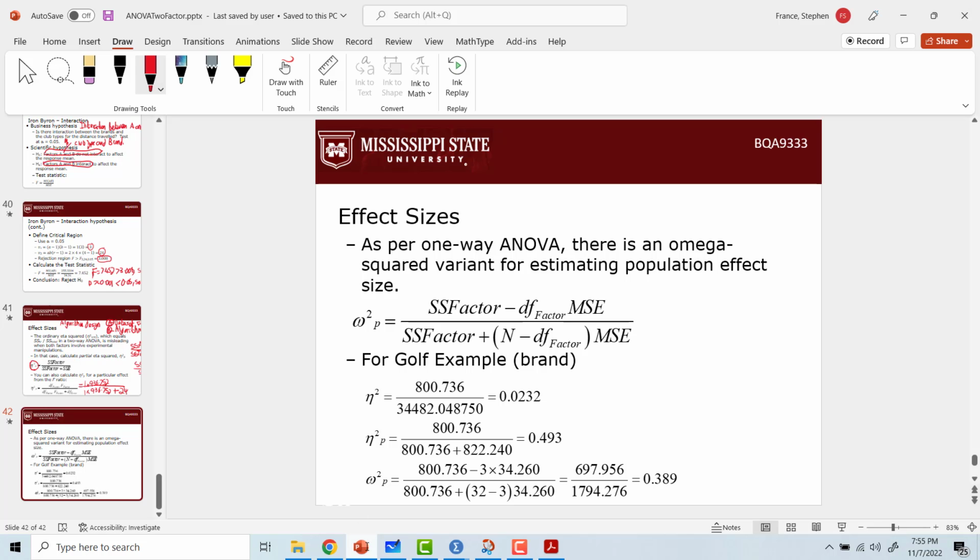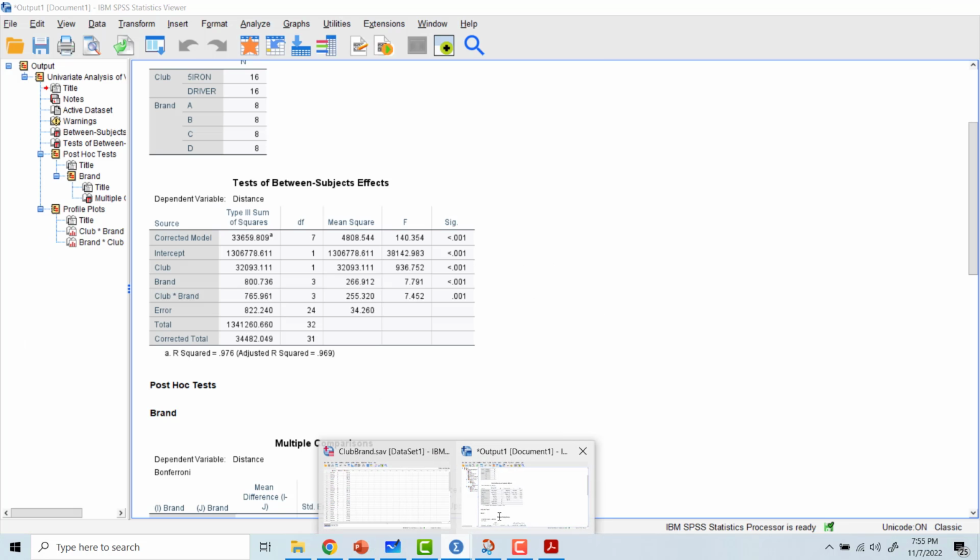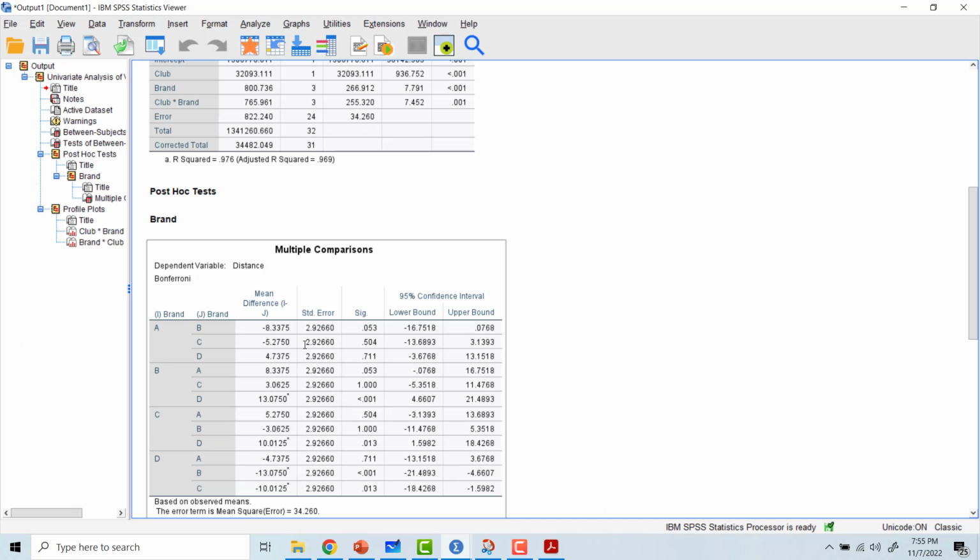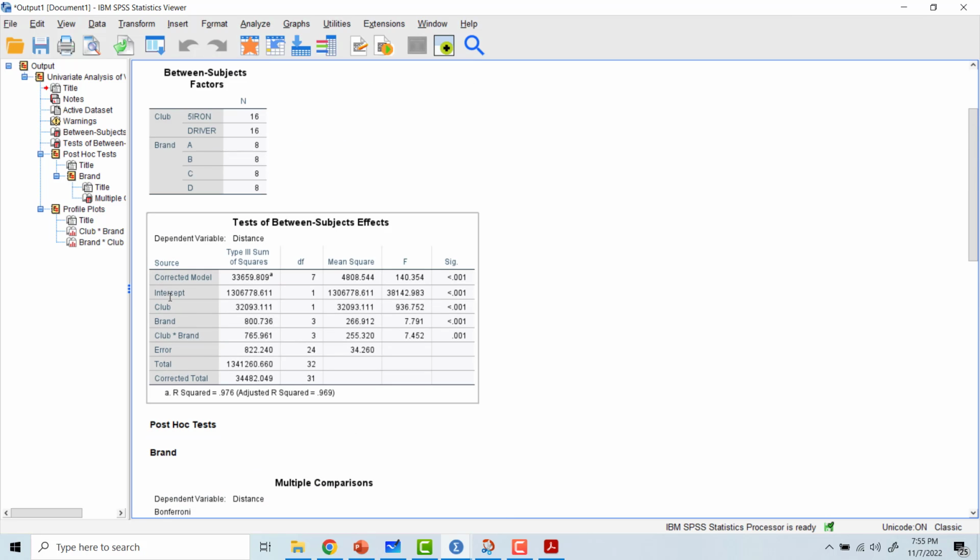Now, again, it's almost a little bit like my algorithm example. Most of the variation is in the club, and it's obvious, if you play golf, a 5-iron and a driver are designed to hit the ball different distances. So this is going to take the lion's share of the variation. We see the sum of squares for the brand is 800. And remember, we're using the corrected total.